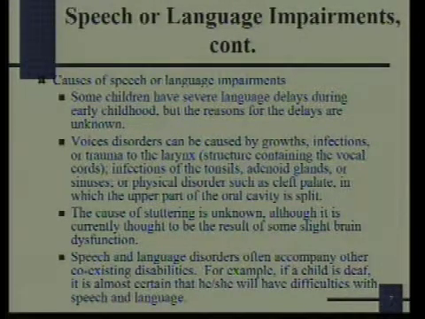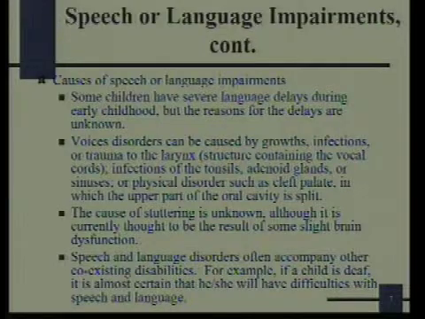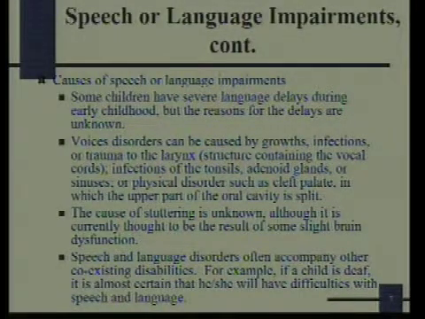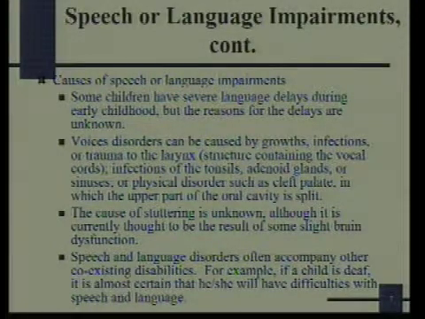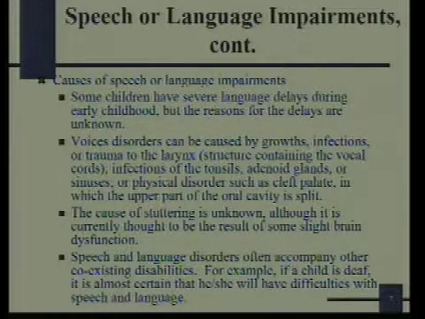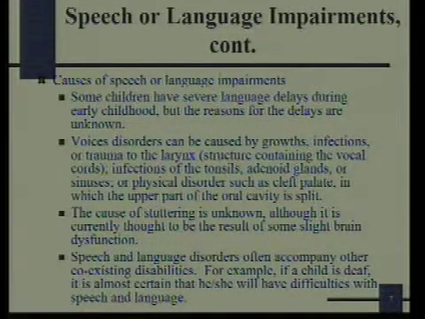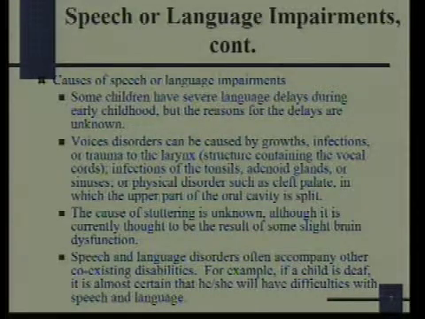We don't know all of the causes or even the characteristics of youngsters with speech and language impairments, but certainly we know that some youngsters have severe language delays during early childhood, and we don't know why. Voice disorders can be caused from a variety of reasons. A child could have a growth on the larynx, infections, trauma to the larynx.